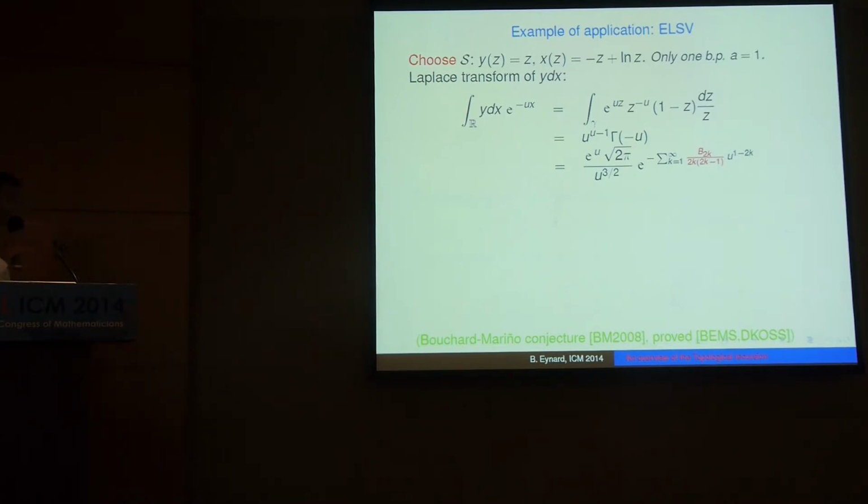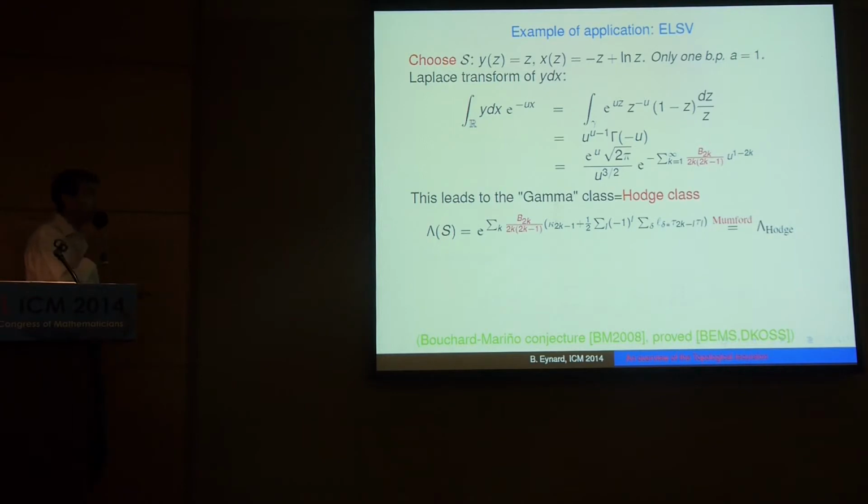And so this means that our cohomology class is this exponential with those Bernoulli numbers times the Mumford kappa classes. It turns out that this precise combination of Mumford kappa classes is well known. It was computed by Mumford, but it is the Hodge class in the moduli space.